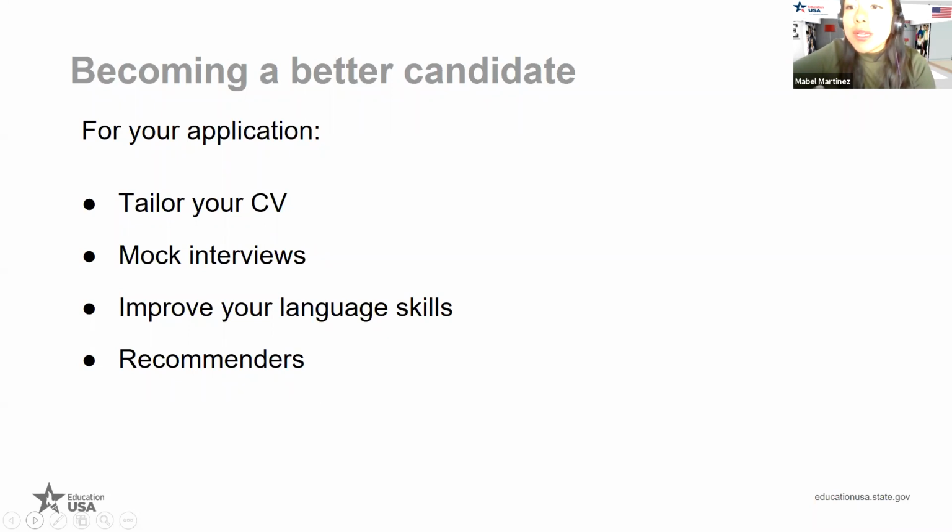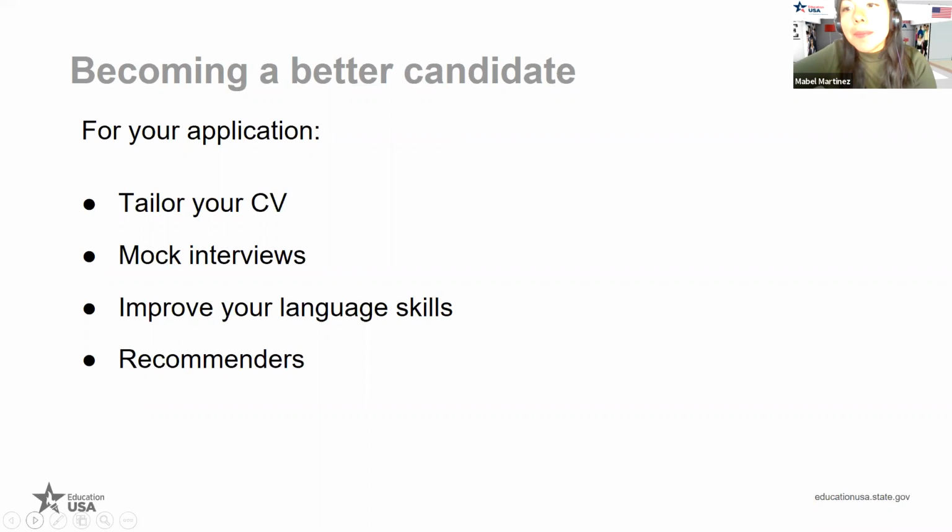So that's why it is important. I remember back in the day, I did like 3 or 4 interviews, some of them in English, some of them in Spanish. And I think it's really important that you improve your language skills in your own language and of course in English, but that you be prepared for writing, listening, interviews, anything that you can think of that can be involved in an application process.